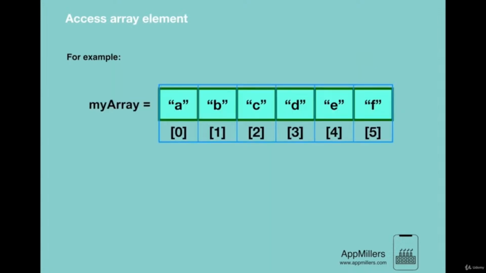For example, if we want to access this element, we need to write the array name and the index, which is equal to A. If we want to access this element, for example, we need to write the array name and index 3, and it's going to equal D. So this is how we are accessing an element in an array.